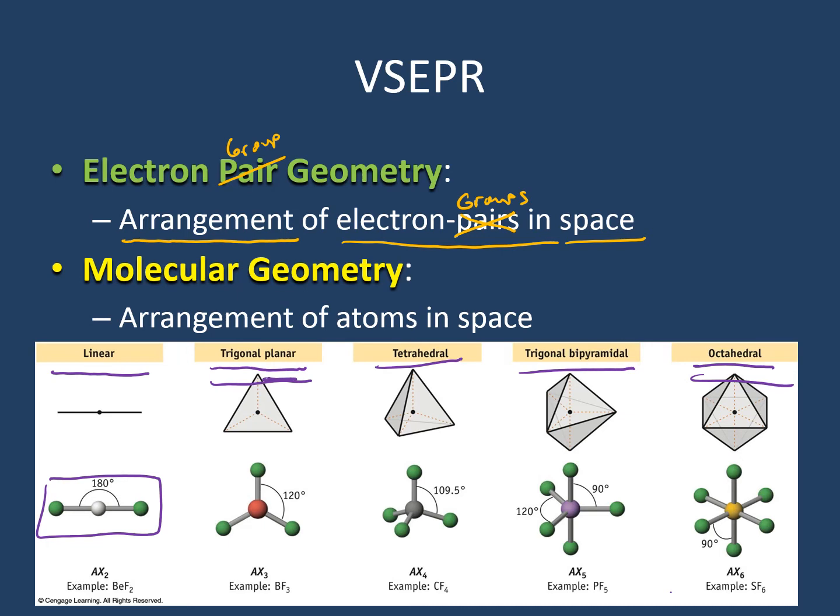So we're going to start with these two first, linear and trigonal planar, and we'll build our way across this table this way. So let's start with linear and trigonal planar.